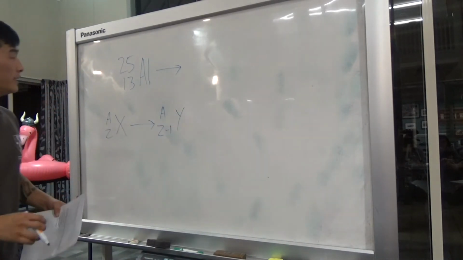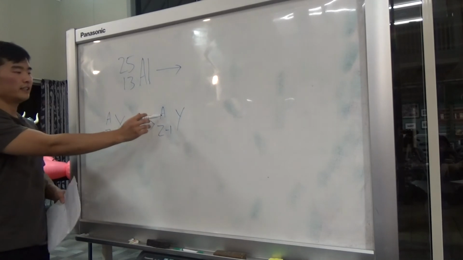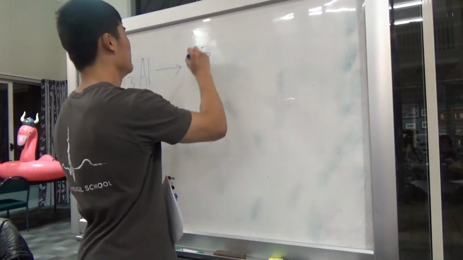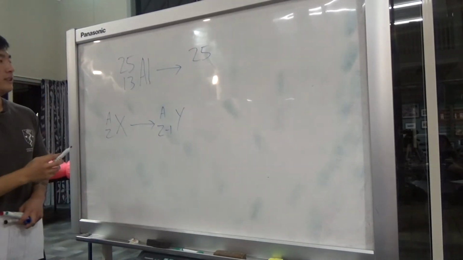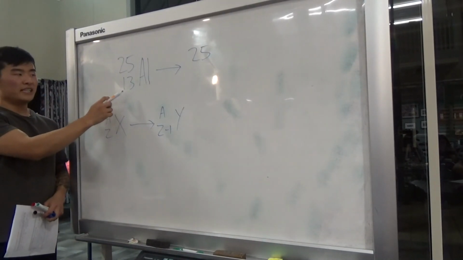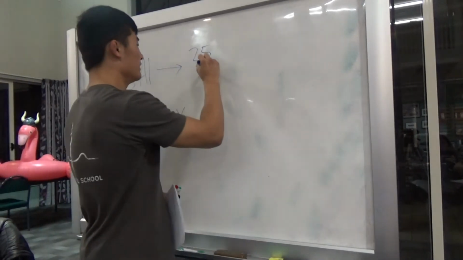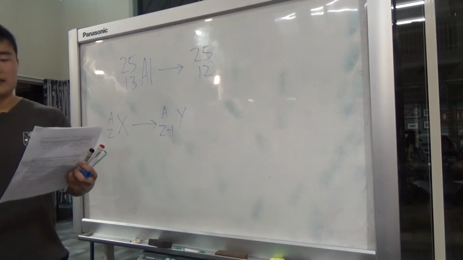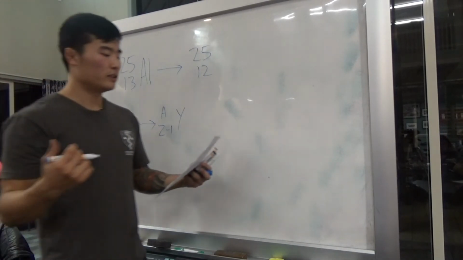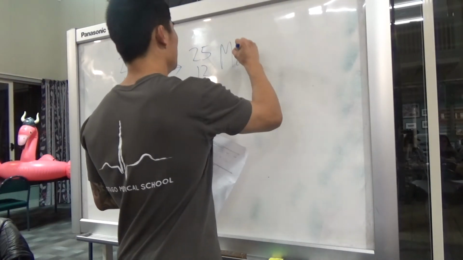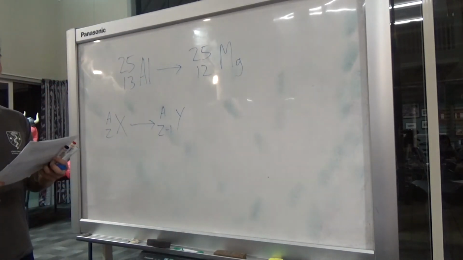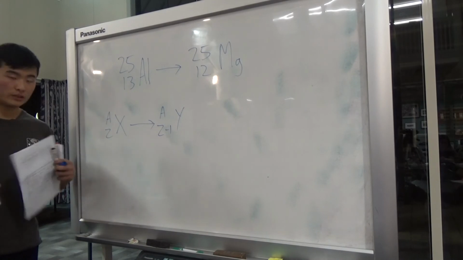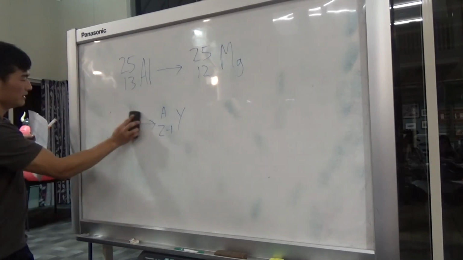So the mass number has to be the same, so that still has to be 25. The atomic number is going to be minus 1, so 13 minus 1 is 12. And then you're just going to look for the one that has 25 and 12. That's going to be option C, which is magnesium. Okay, so pretty simple. Last one.